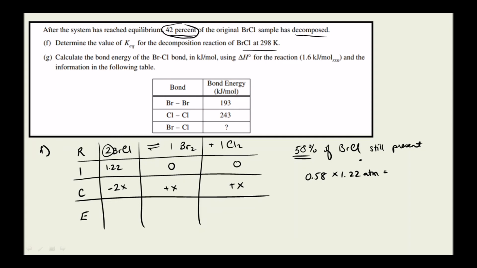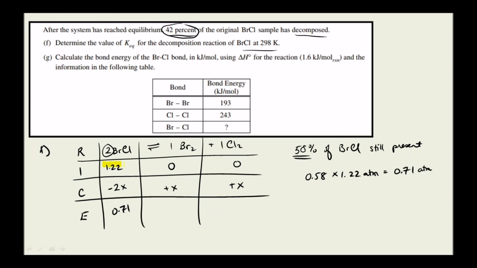So 0.58 times 1.22 gives us the pressure of BrCl at equilibrium, which is 0.71 atmospheres. So we'll put that in our RICE table, 0.71 for BrCl.